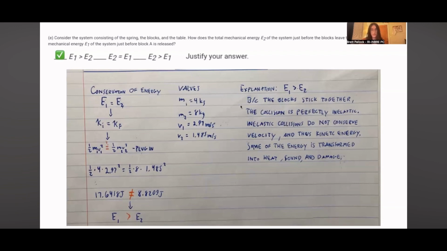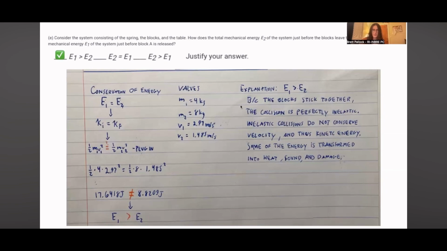We calculated that in an earlier problem, part B, and determined that the velocity is equal to 2.97 meters per second. And V2 is the velocity of the blocks right after they collided and become one. From part D, this velocity was calculated to be 1.485 meters per second.